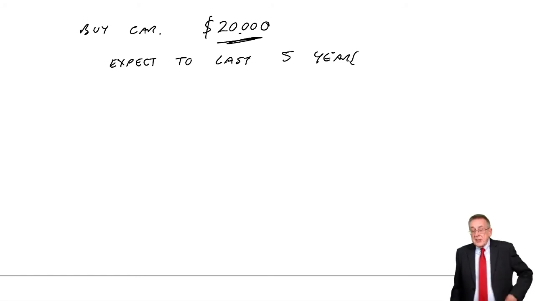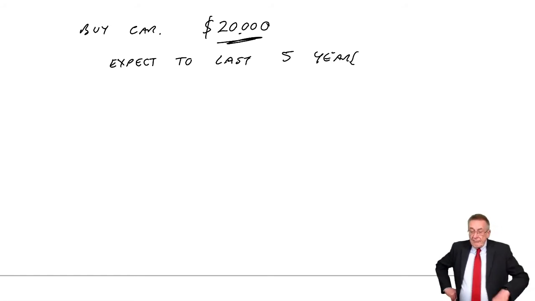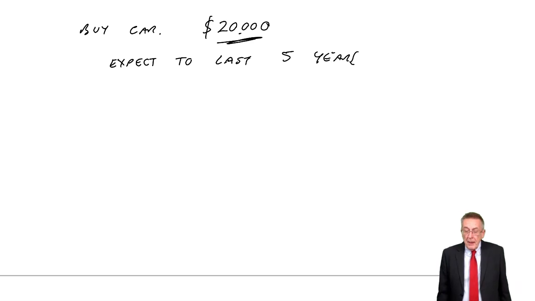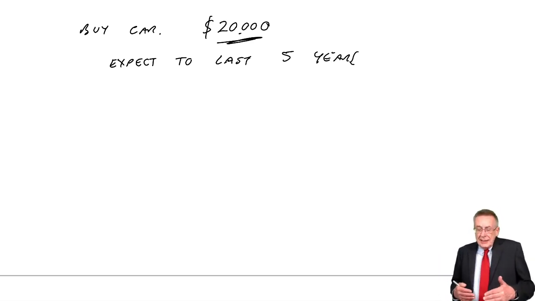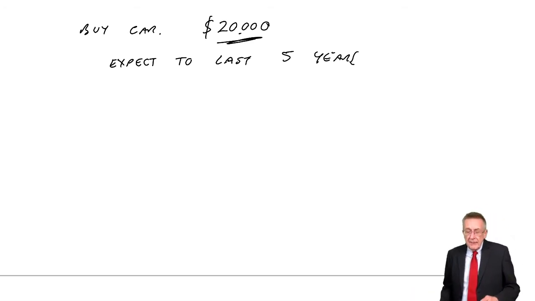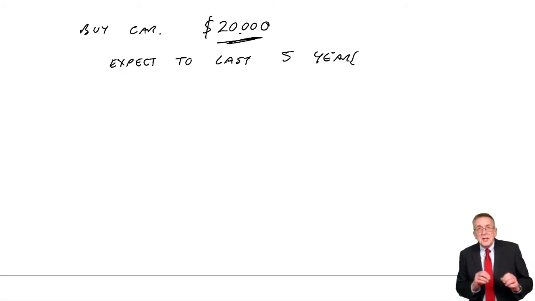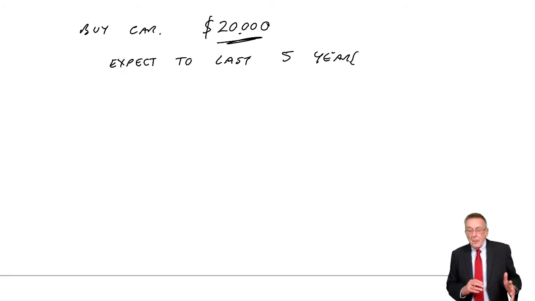Then I'll say, well, effectively, I'm paying 20,000. If it's lasting 5 years, I could argue that at the end of 5 years, it's not worth anything. So every year, I'm sort of using up a bit of the car.